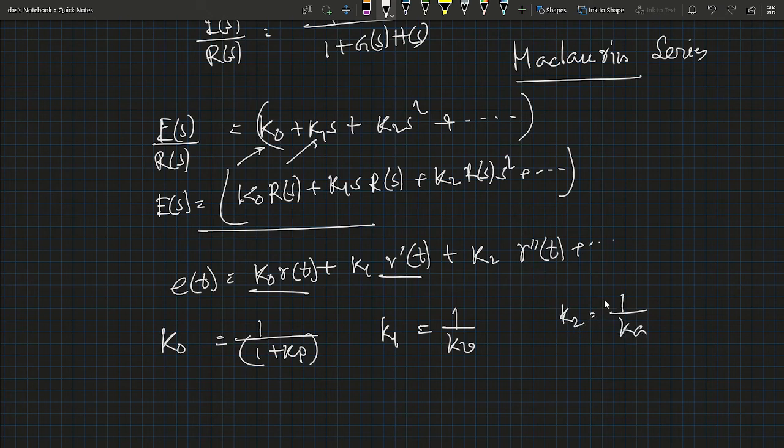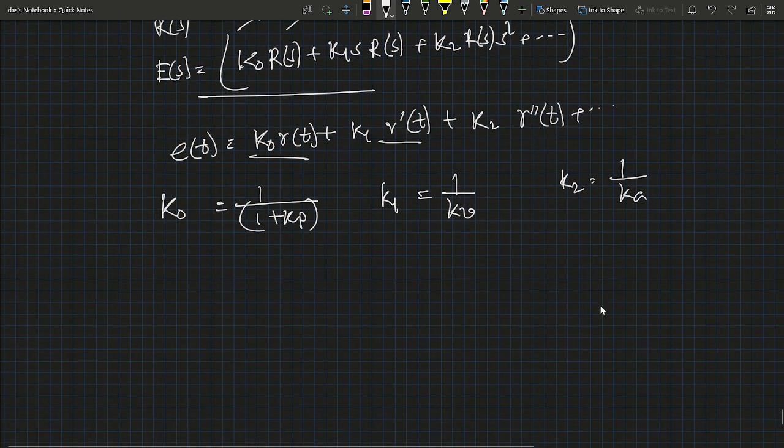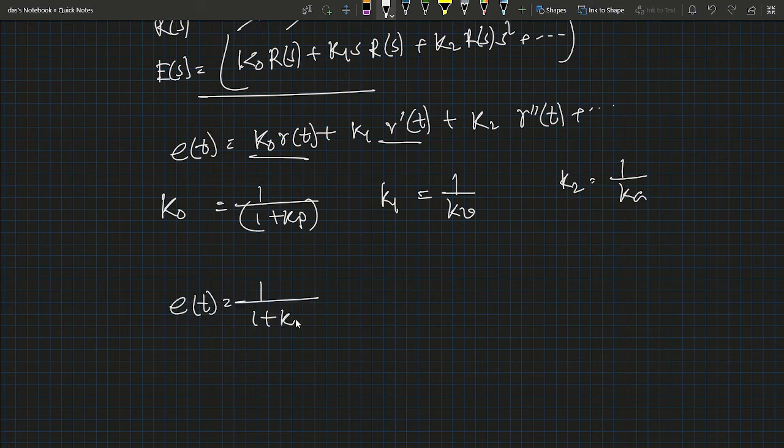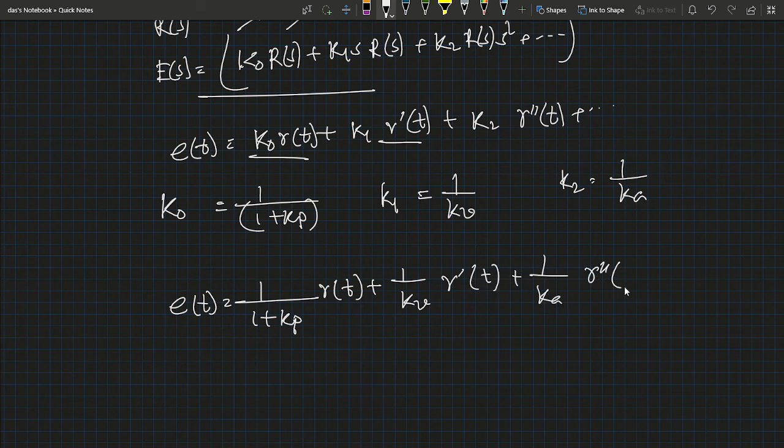Therefore the expression of e(t) is 1 divided by 1 plus Kp into r(t), plus 1 divided by Kv into r dash t, and 1 divided by Ka into r double dash t, and so on.